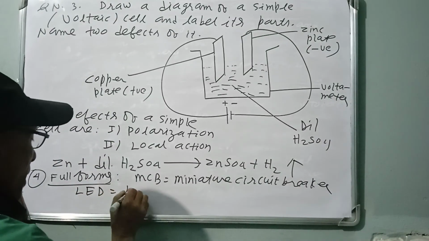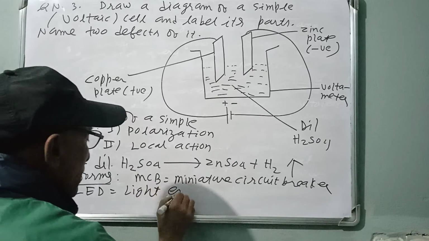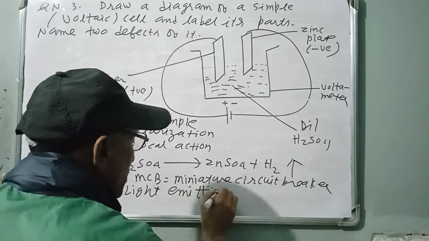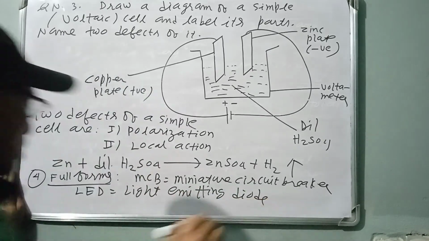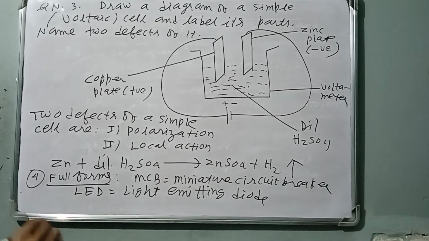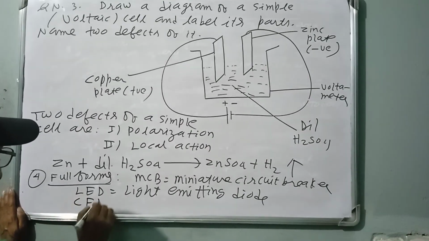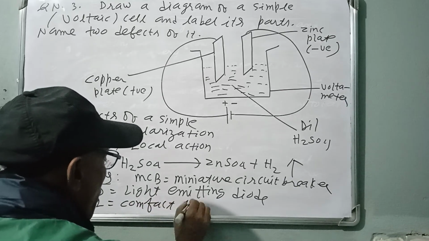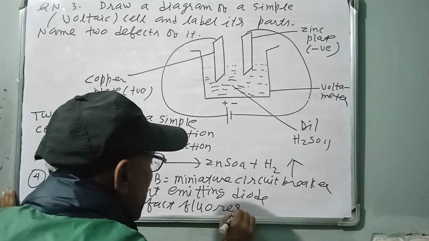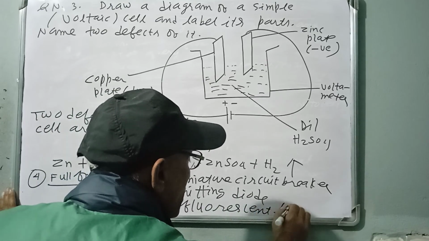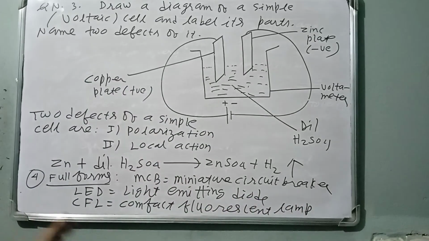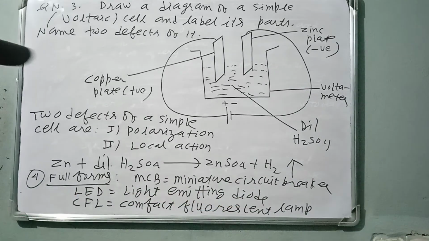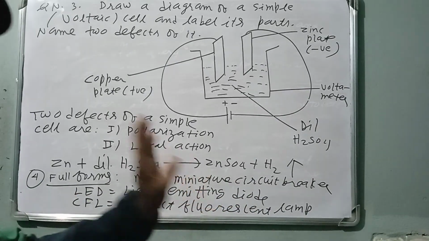LED, light emitting diode. CFL, compact fluorescent lamp. Full forms: MCB, miniature circuit breaker; LED, light emitting diode; CFL, compact fluorescent lamp.